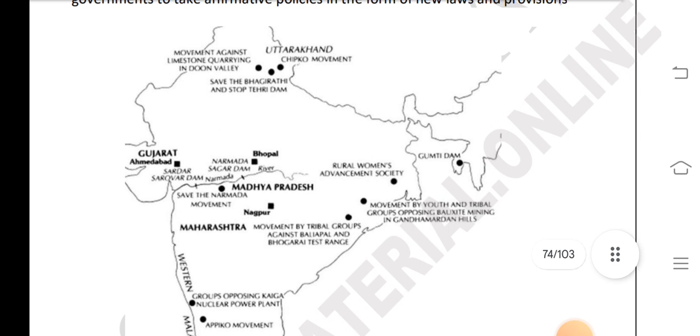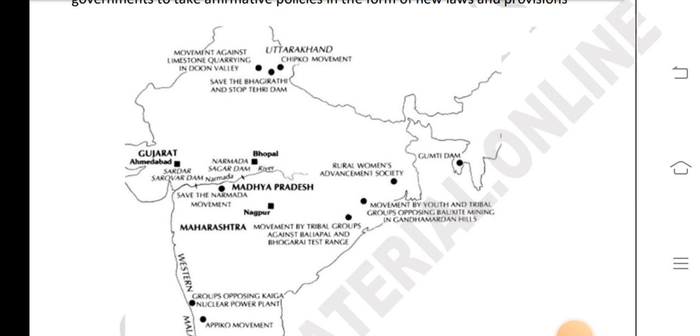Madhya Pradesh, Maharashtra and the Western Ghats: opposition to the Ganga nuclear power plant. Movement of the tribal groups against the Bhojgai test range. Rural Women Advancement Society. Narmada Sagar Dam and Sardar Sarovar Dam, Gujarat.